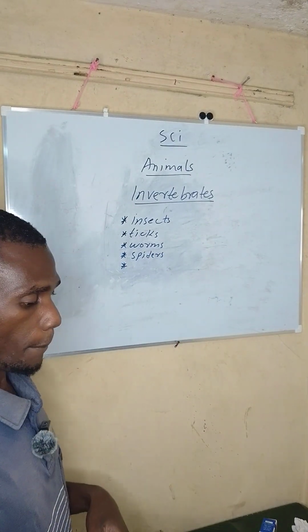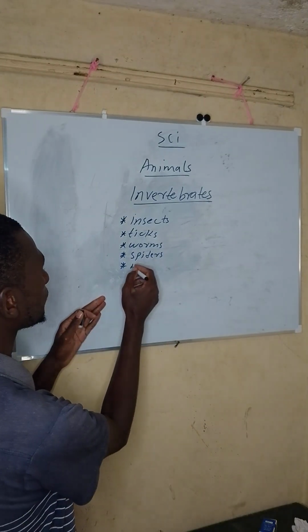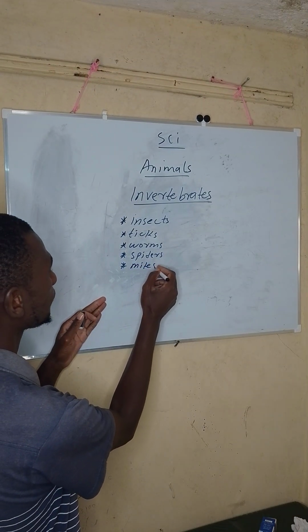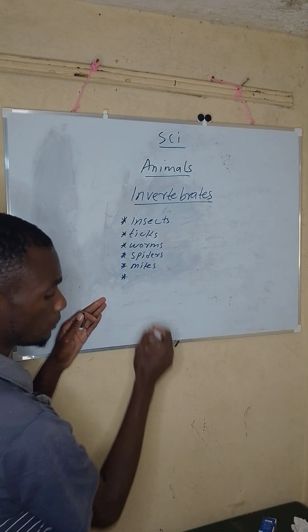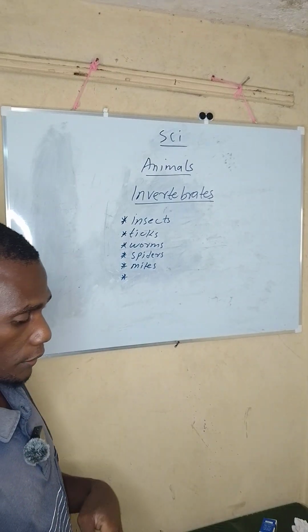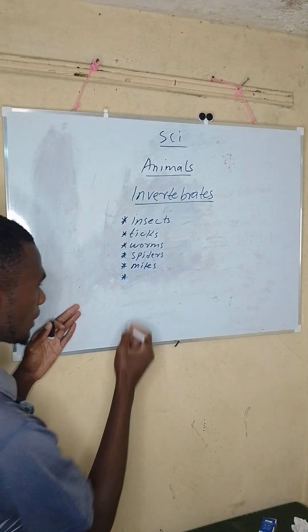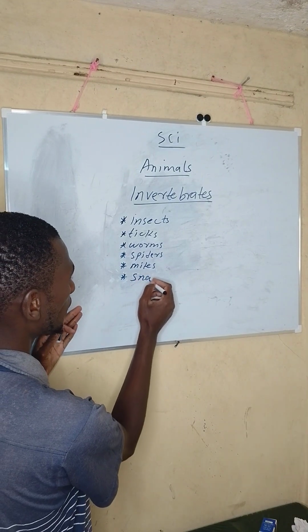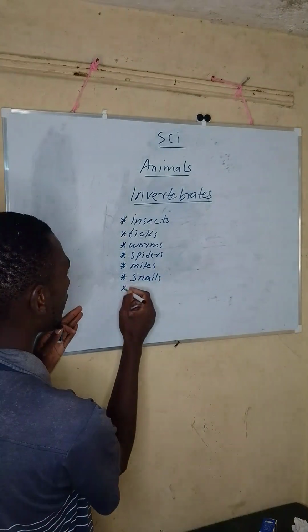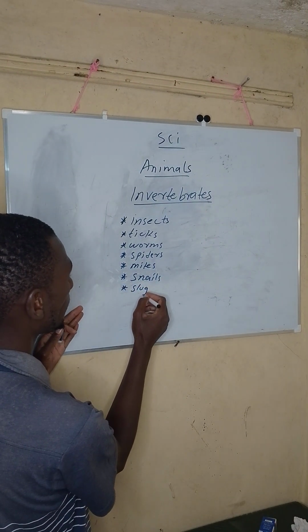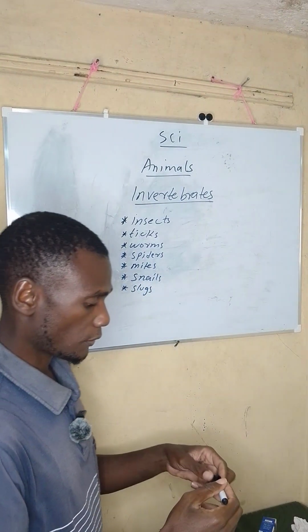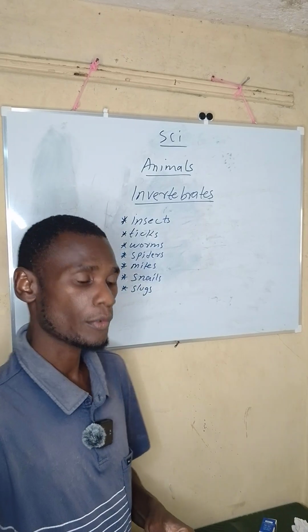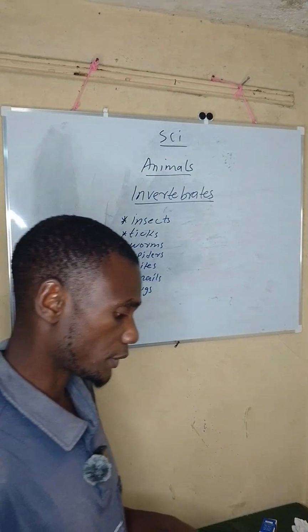We have mites. We have snails and slugs. There are so many. These animals are very many, so we can't name all of them. So these are just few examples of invertebrates that we have.